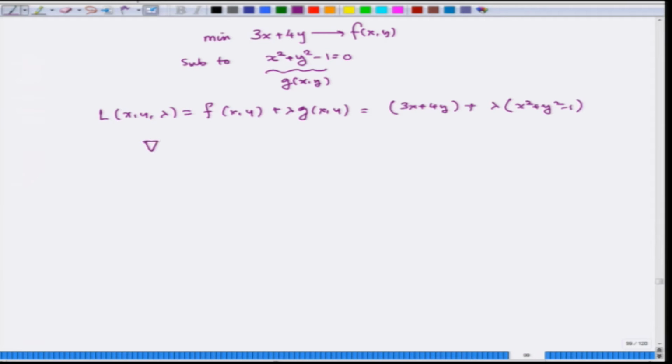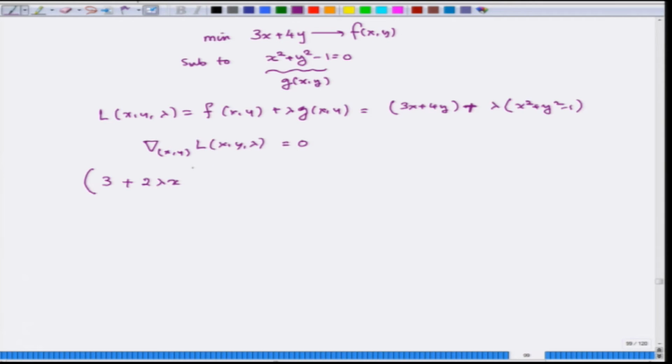Now, let us write down the gradient vector. So, take the derivative with respect to x. It will become 3 plus 2 lambda x, and even if you write minus it does not matter much in this particular case, but we will just take the convention we are using. So, here you have 3 as derivative, here you have 2x.